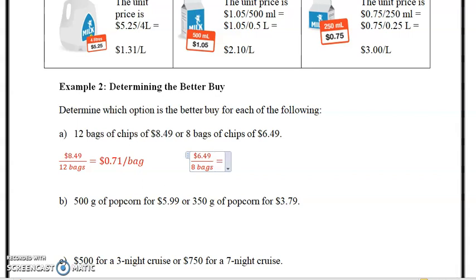We divide that on our calculator. This comes out to be 0.81125. So it's 0.81 per bag. So the 12 bags of chips at $8.49 is indeed the better buy.